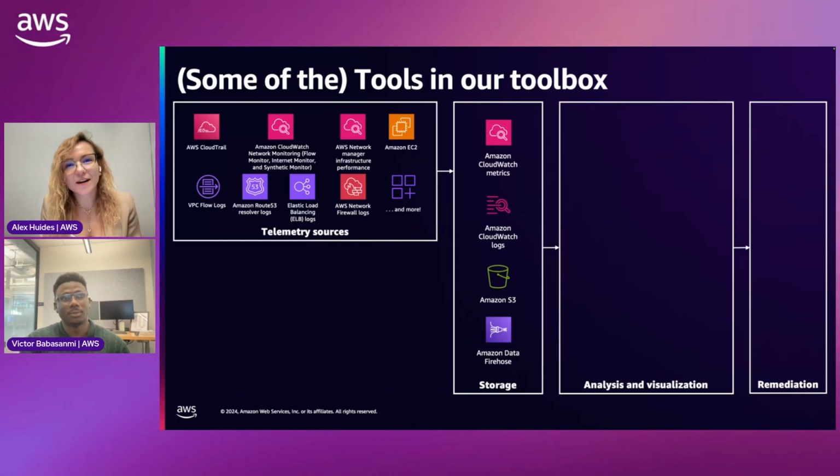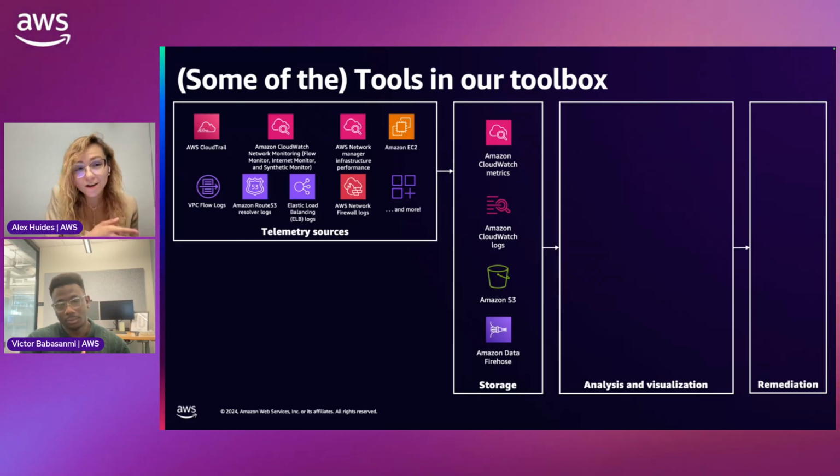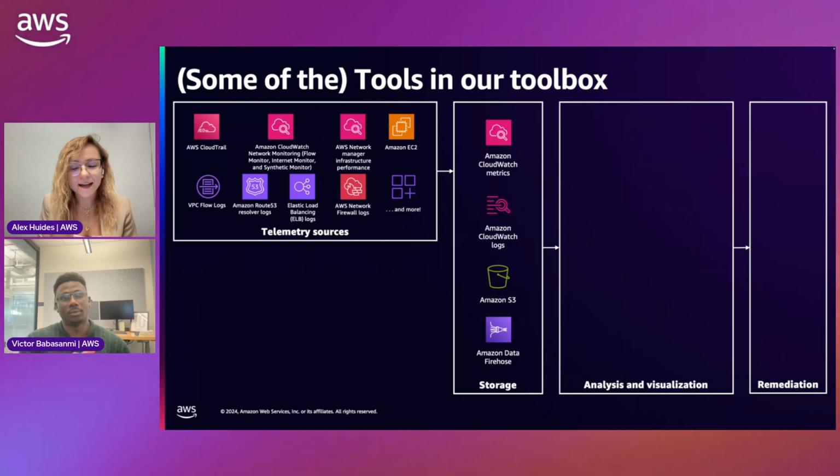And here's where I think the important part comes into deciding what type of data and what type of logs do I want to export, and where do I want to export them? Where does it make sense in order to get answers to those questions? As we get to the analysis and visualization part, just having metrics from anywhere and about everything is not necessarily what is going to get you answers to the questions that you're trying to get answers to.